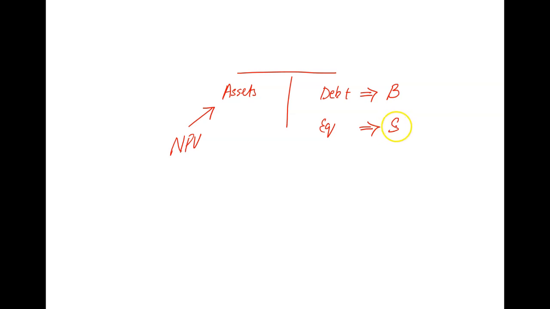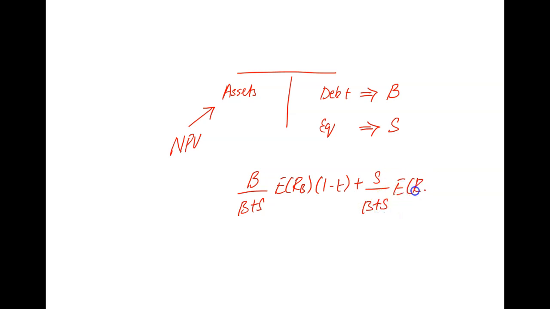that capital structure has implications for NPV in the sense that when we discount the financial cash flows that are expected to be generated by the assets, we discount them at the weighted average cost of capital, which is calculated as B over B plus S times the expected return on debt times 1 minus the tax rate, plus S over B plus S times the expected return on equity.